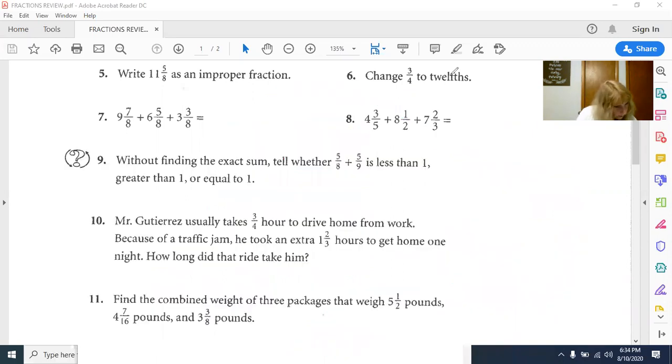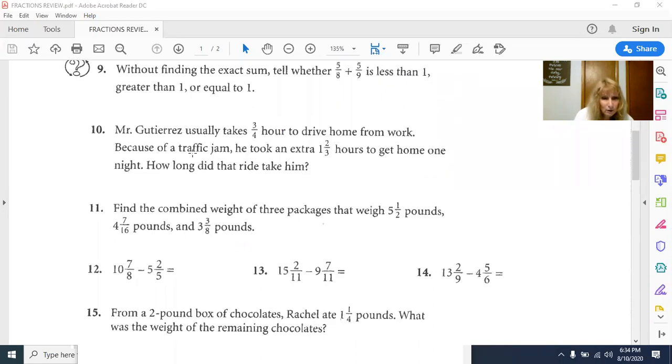Let's go on to number 10. That's the next one. Mr. Gutierrez usually takes 3/4 hour to drive home from work. Because of a traffic jam, he took an extra 1 2/3 hours to get home one night. How long did the ride take him?